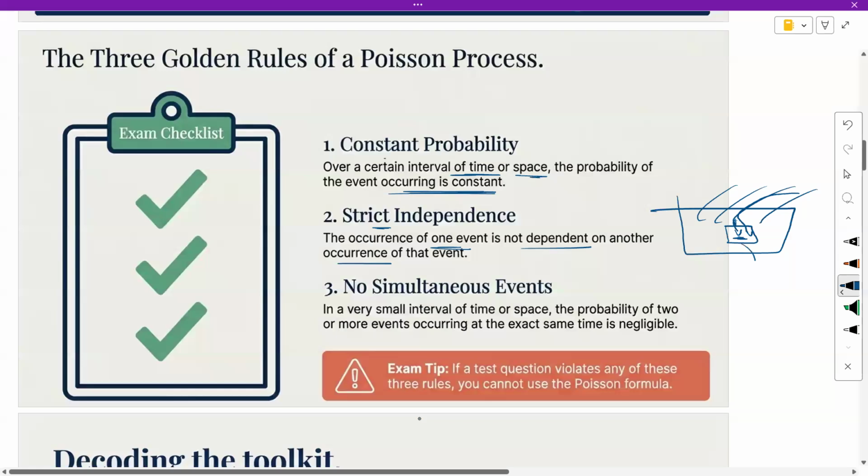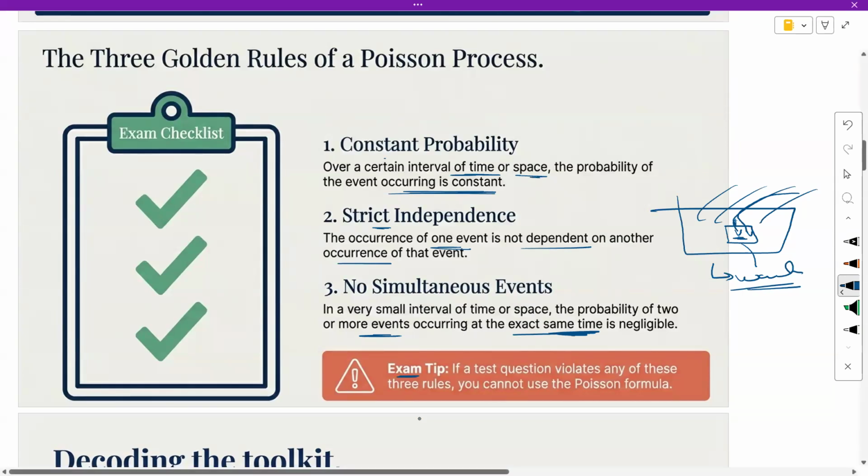In our terms we call it a waiting call. That instance we consider negligible. It rarely happens. It's an assumption. In a very small interval of time or space, the probability of two or more events occurring at the exact same time is negligible.